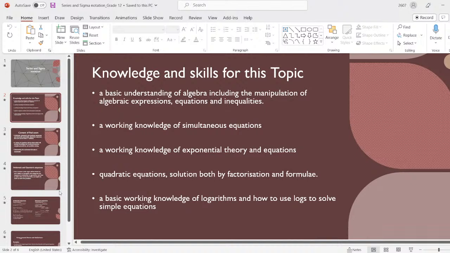A basic knowledge of logarithms and how to use logs to solve simple equations.